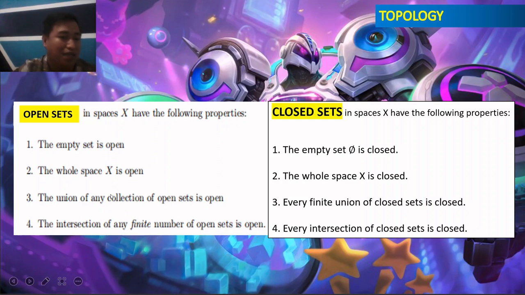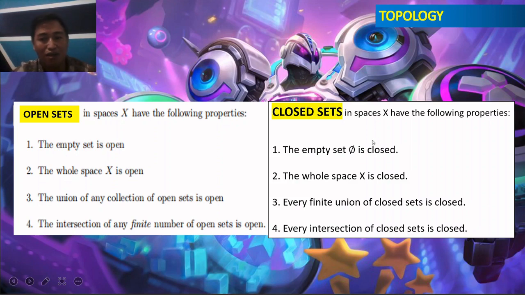This is the union of any collection, so it could be a finite or infinite collection of open sets, and it is open. Number 4, the intersection of any finite number of open sets is open. So the intersection is only finite, but for the union it can be infinite or finite.